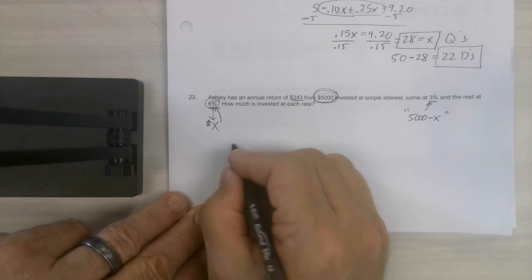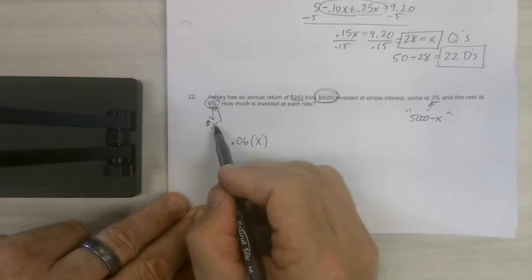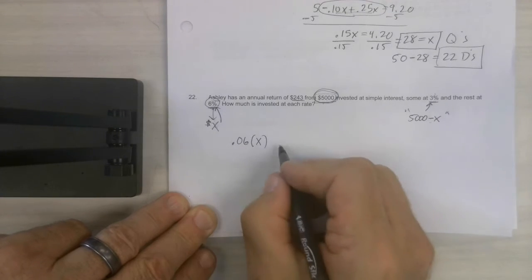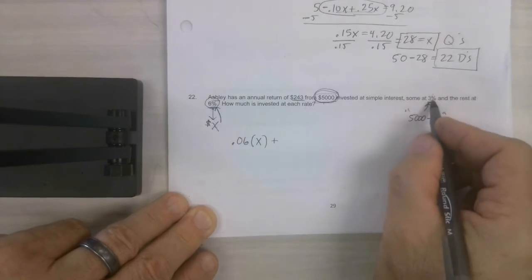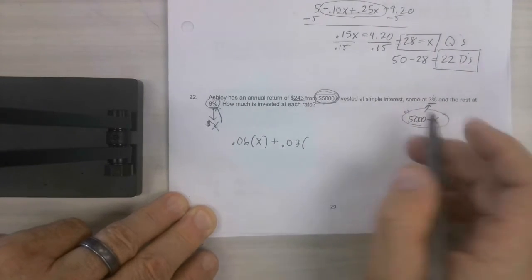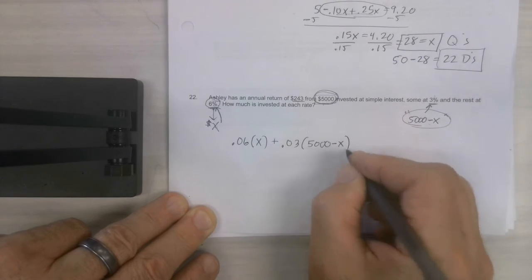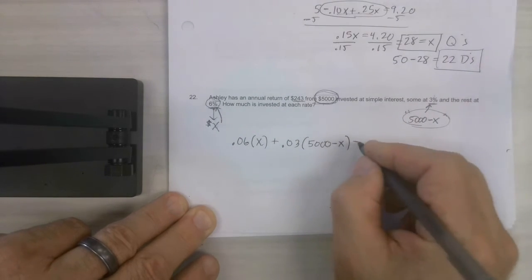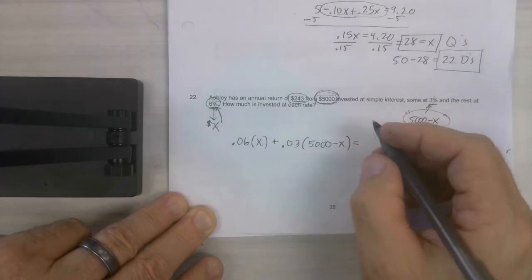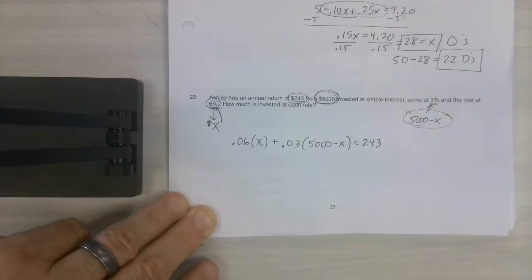So 6% is 0.06 times the amount I put into that, plus 3% return times however much I put into it. I've got to put parentheses around this. So that's whatever's left over after I put the money into here. And it says my annual, which means yearly, return is $243.